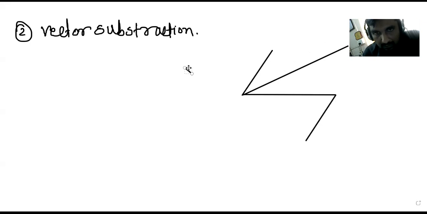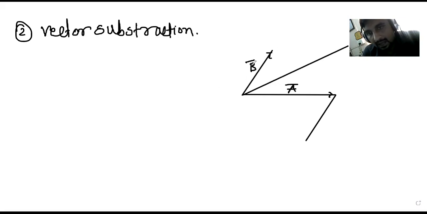Just try to understand, this is vector A bar, right? So if I'm trying to find a vector addition, vector A bar plus B bar, then this would be C bar as an addition, right? But now here in this case, I want to find the subtraction.